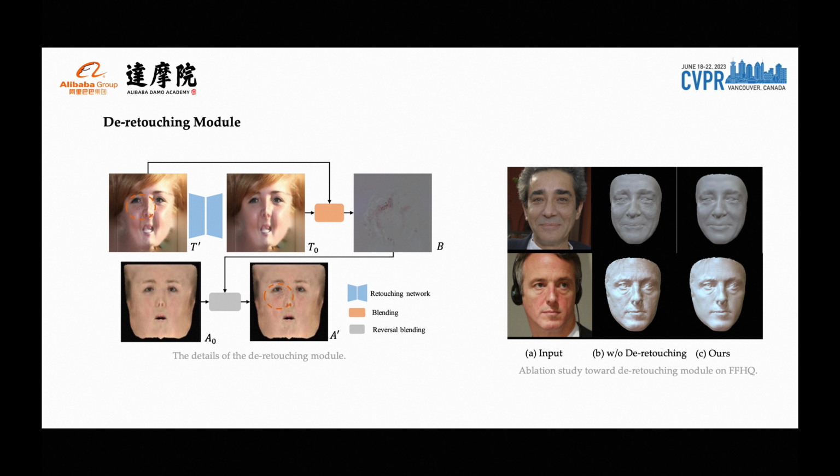Inspired by ABPN, we propose a retouching module, which aims to generate the face albedo with high-frequency details and facilitate more precise decoupling of geometry and appearance. As shown in the right figure, without the retouching module, the model is more susceptible to the distraction of various skin textures and yields some non-existent details.